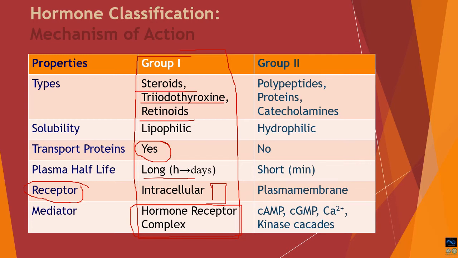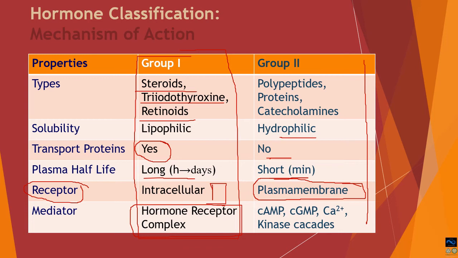In contrast to this group, group 2 includes all those hormones which are hydrophilic in nature. They don't require any kind of transport, and their life in the plasma is very short. The particular thing about their mode of action is that the receptors required for the action of group 2 hormones are located on the plasma membrane of the target cell.